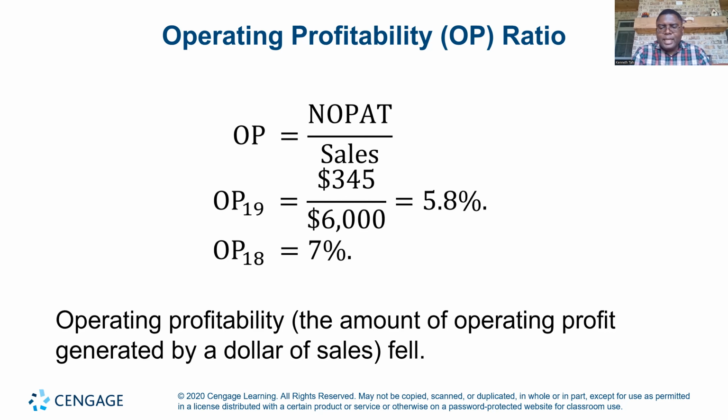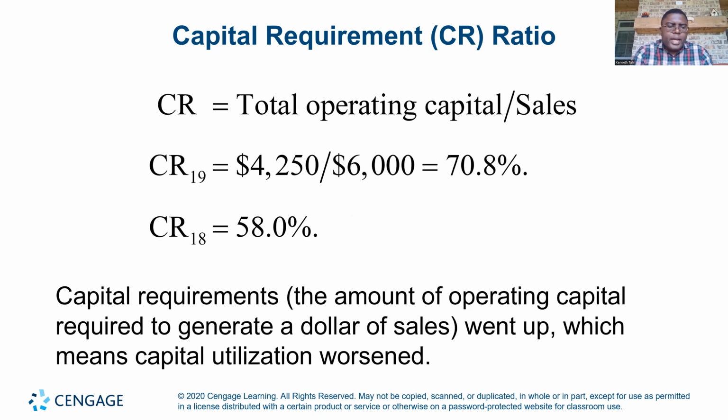All right, the second thing we want to calculate is capital requirement, or capital utilization. These two things will inform us in our interpretation of return on invested capital, which is one of three performance measures that we want to calculate in this chapter.